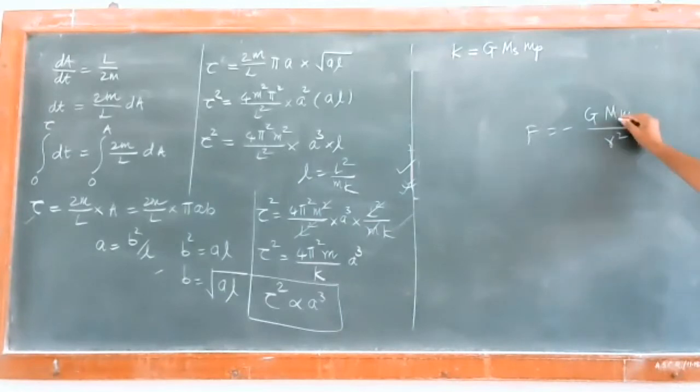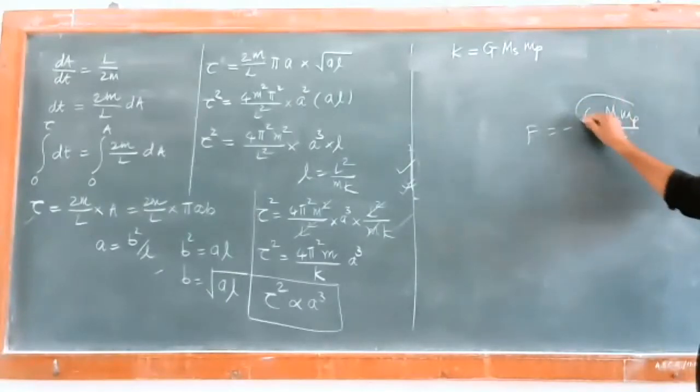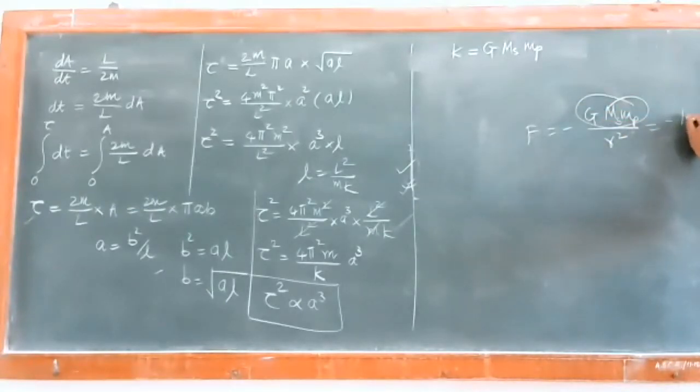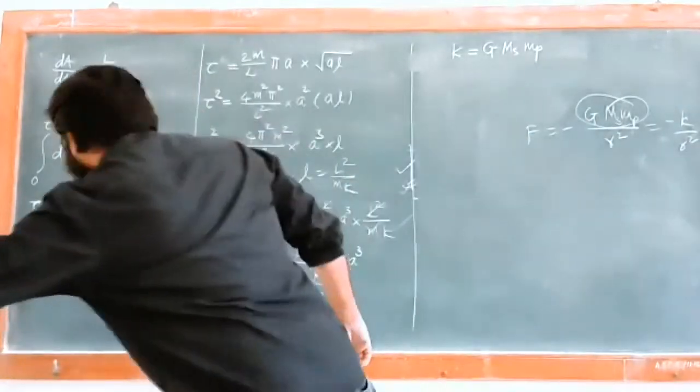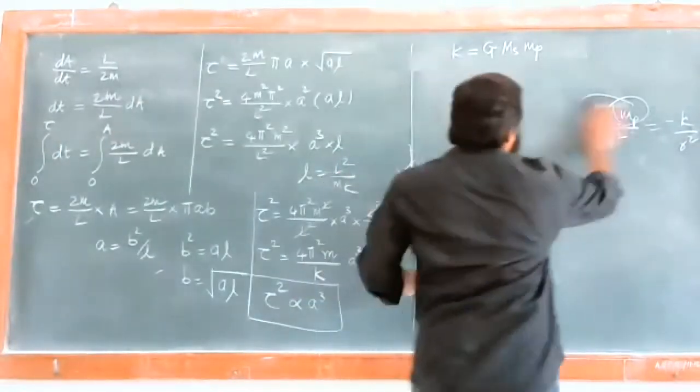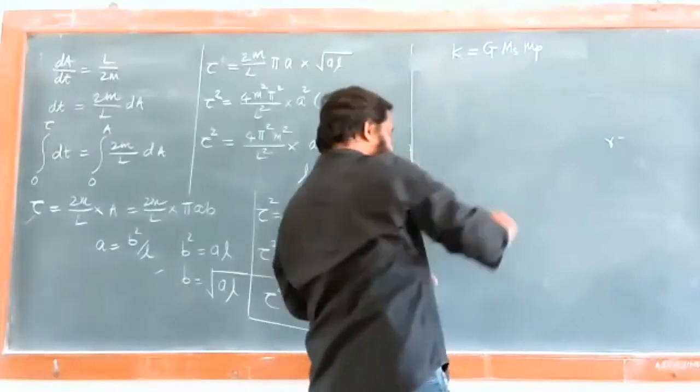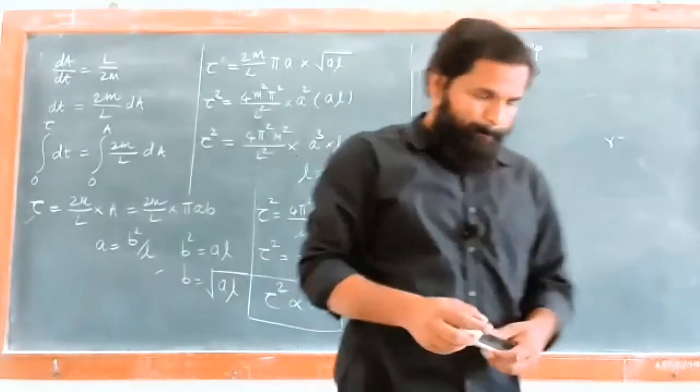I can write this in terms of the mass of the sun and the mass of the planet, so I have replaced it as minus k upon r square. So k is nothing but G times ms into mp, and so I can write those values.